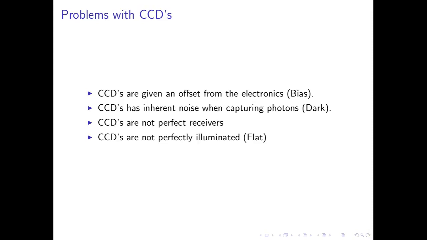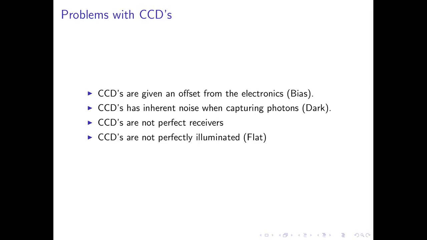CCDs also have inherent noise when we capture photons. That is why it's called dark frames or dark noise. If you take a CCD, you completely isolate it from light, put it in a box, and then make it expose, you would see something on the CCD.